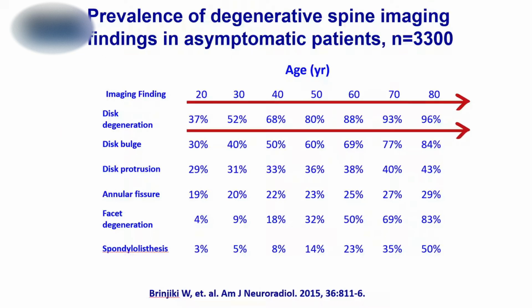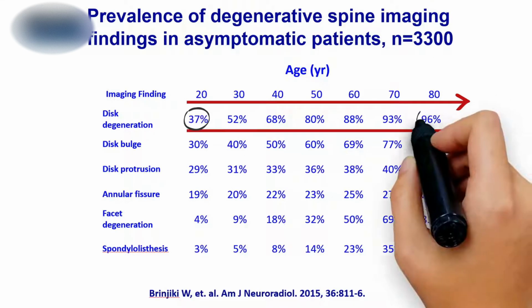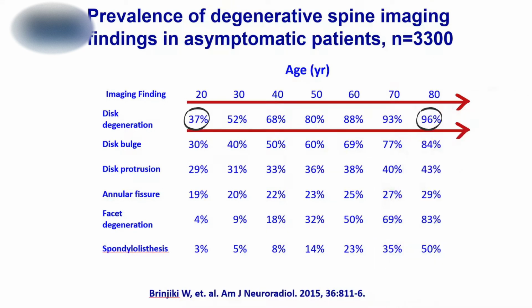Take disc degeneration, for example. It's the top row. 37% of 20-year-olds have MRI evidence of disc degeneration, increasing to 96% of 80-year-olds. Again, these supposedly abnormal findings are seen in people with no back pain.